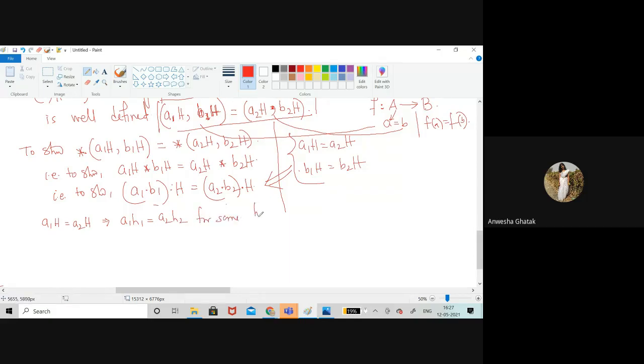Then A1 should be equal to A2h2h1 inverse. Very good.